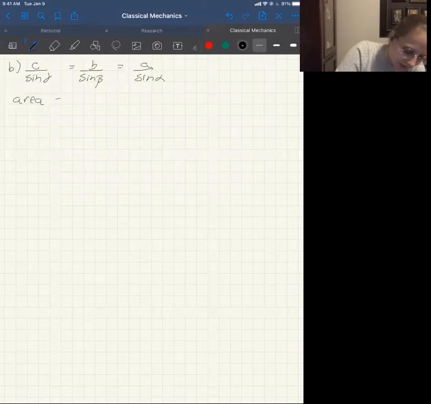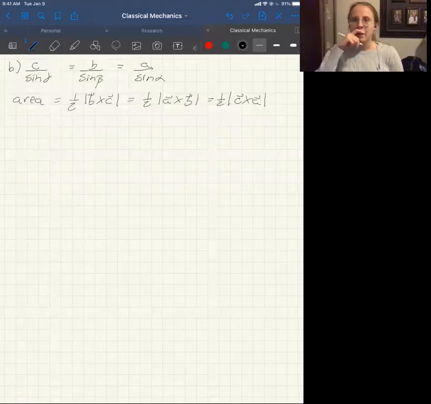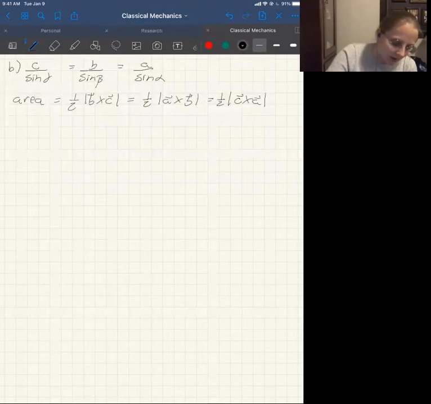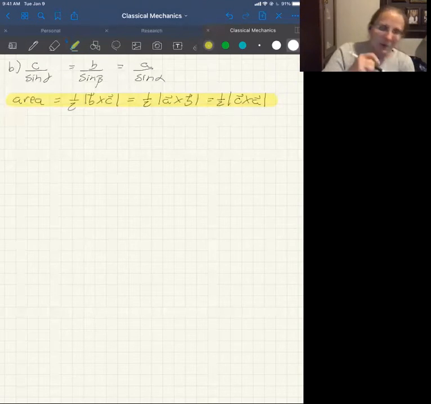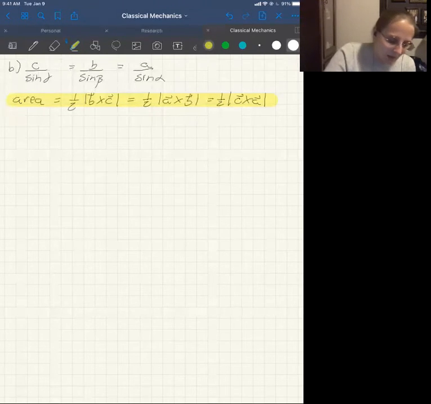So the area is equal to 1/2 of the magnitude of B cross C, which is 1/2 of the magnitude of A cross B, which is 1/2 the magnitude of C cross A. All right, so I would need to start with this equation and move to the top equation. My current equation does not have any sines in it, but the equation I'm trying to prove does, so I need to somehow introduce a sine.